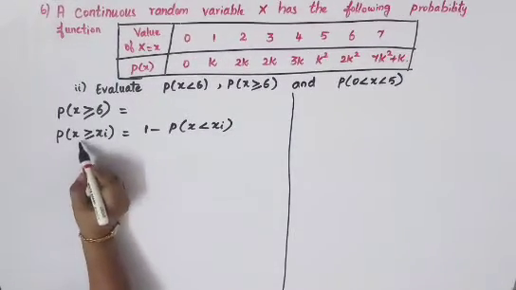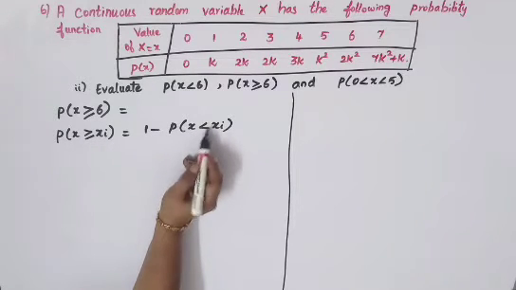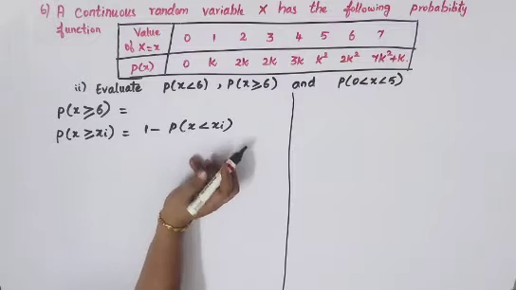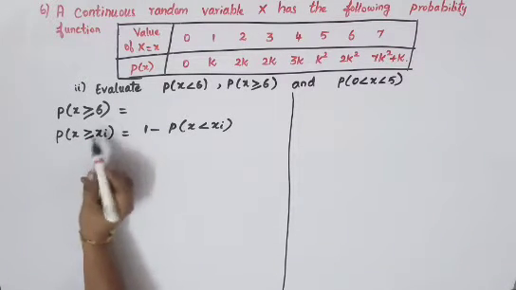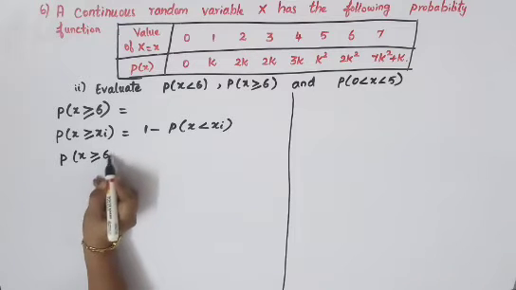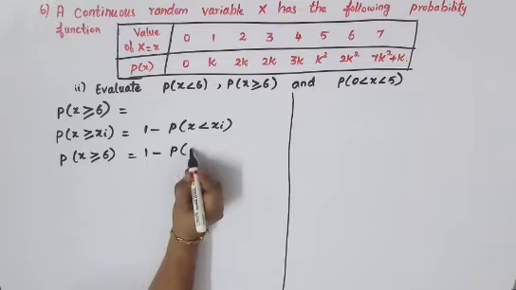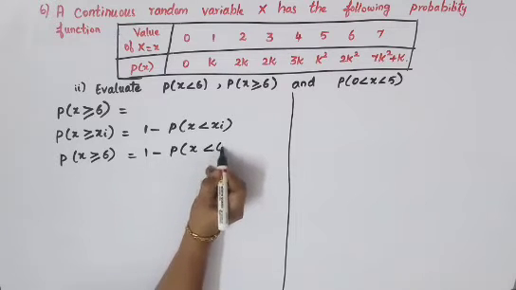Whenever greater than or equal to is there, you can write the opposite of that, 1 minus the opposite. We need P(X ≥ 6), so that is equal to 1 minus P(X < 6).